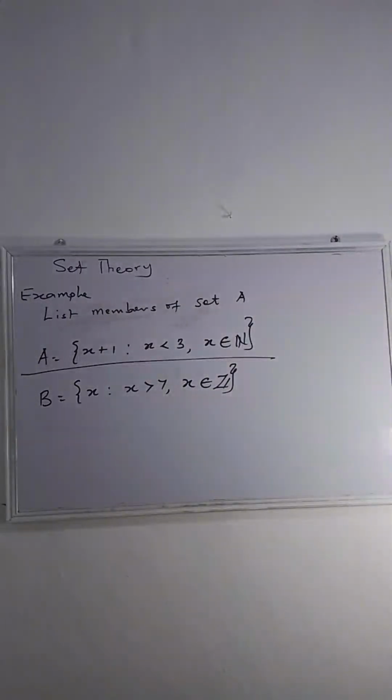So what's going to be members of set A? Can we quickly do that? Okay, what is going to be members of set A? Can you list that? Okay, I can see 5, 6, 7, 8, 9, right?